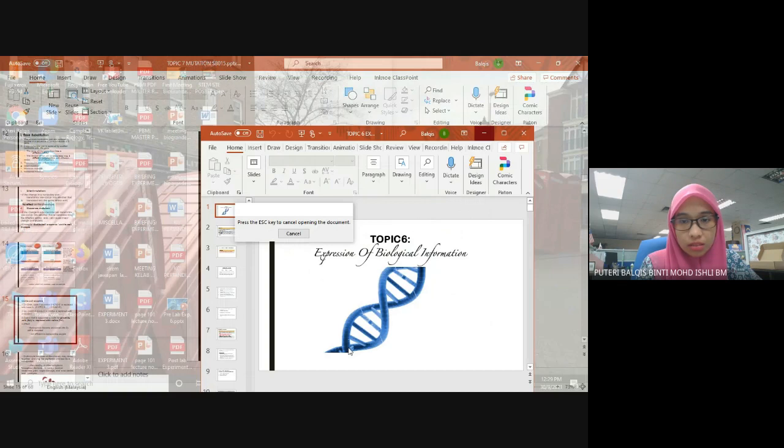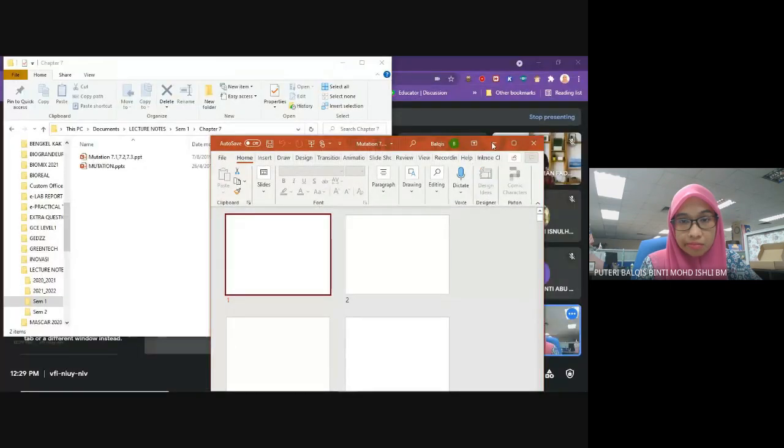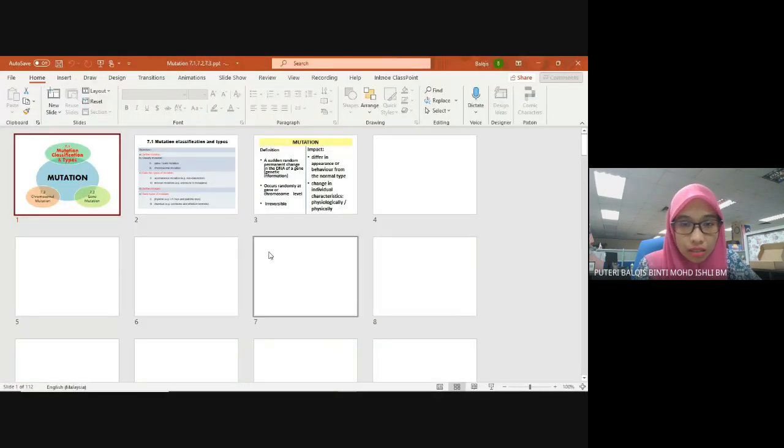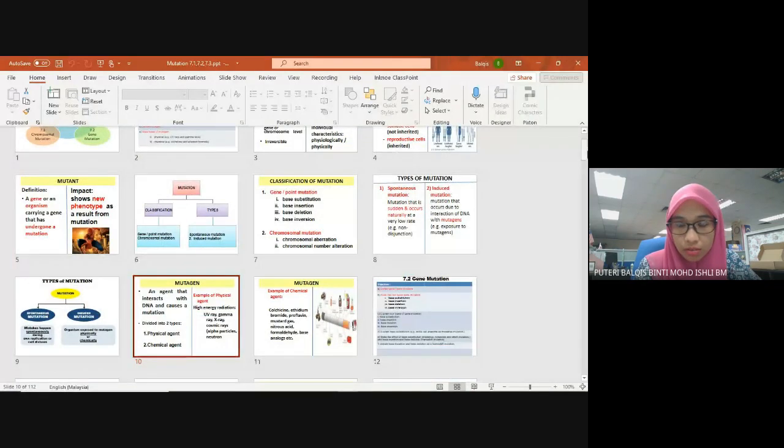Ini lecture note lama lah, tapi saya tengok ada tak base substitution.